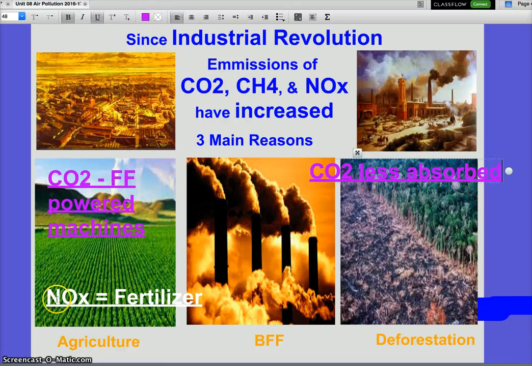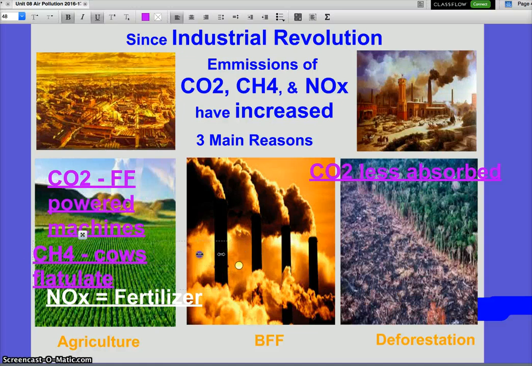As somebody mentioned when I paused the video, nitrous oxides are linked to fertilizers, which is linked to agriculture, so that's going to contribute here. Anybody know the link to methane and agriculture? Good. Cows, when they flatulate, which means expel gases, they release methane.